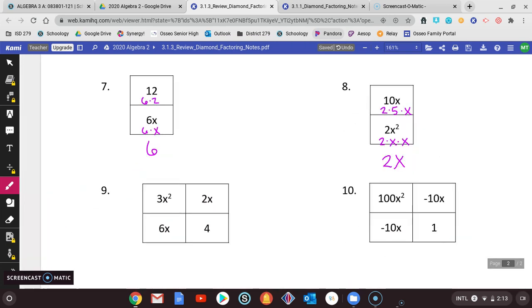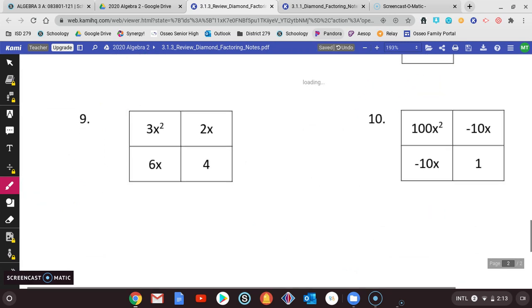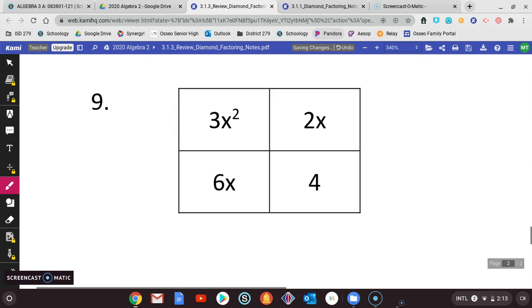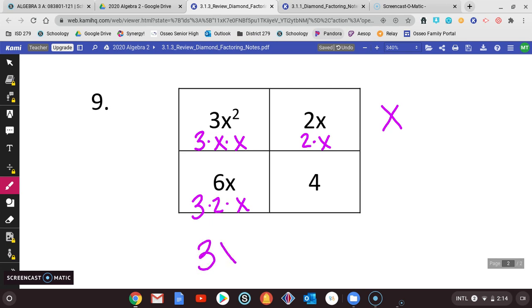Now, here's the tricky one. We are going to do both ways. So like I did across, we're going to do that. So I'm going to do 3 times x, and then 2 times x. So that means your GCF on the top is going to be x. Now here is 3 times 2 times x. So I see a 3 and I see an x. So your GCF up and down is 3x.